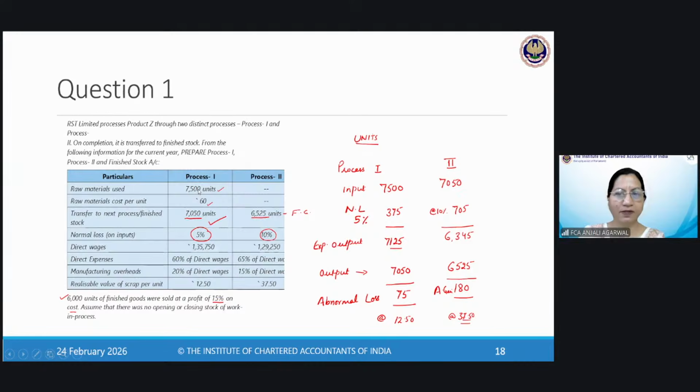So what has happened in process 1, 7,500? Yes, Maithili, you still have a question to ask. Please type it in the chat window if you cannot speak.